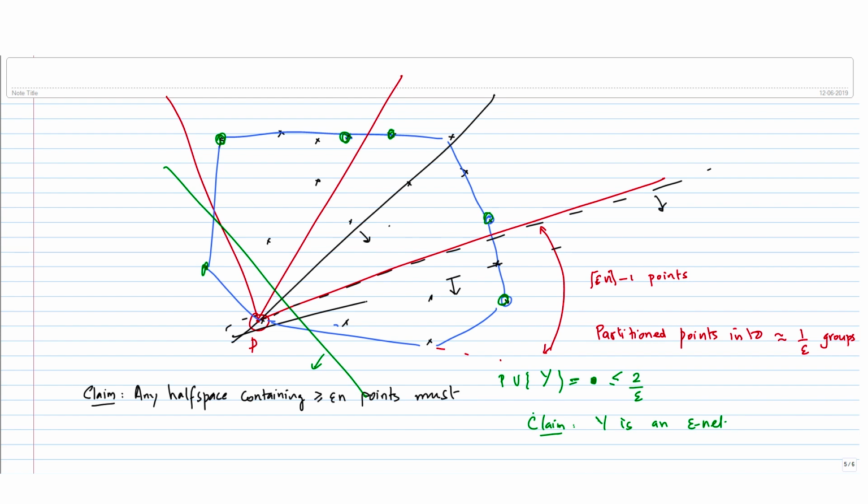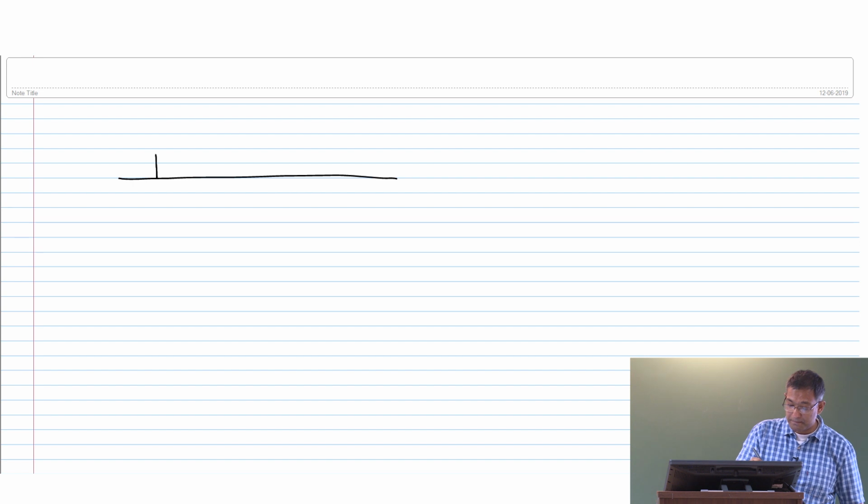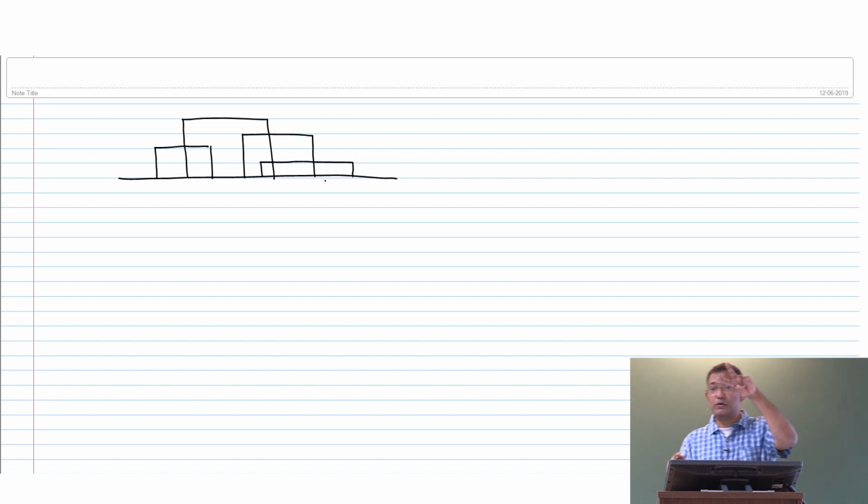Okay? So here is another example, but I will not prove it. The reason to take 2 is you don't know on which side of the half space the point lies. So that's why you take both of them intersecting this.